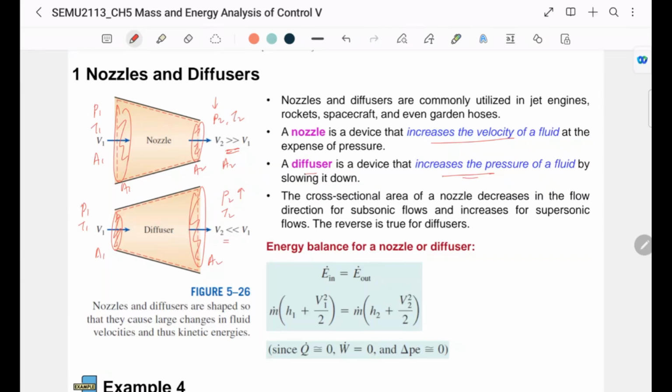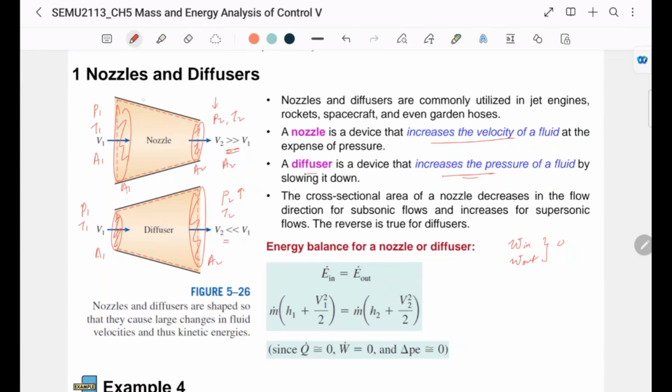And one thing for sure about nozzle and diffuser, work is zero because there's no work transfer in the process. Nozzle and diffuser don't do work at all.